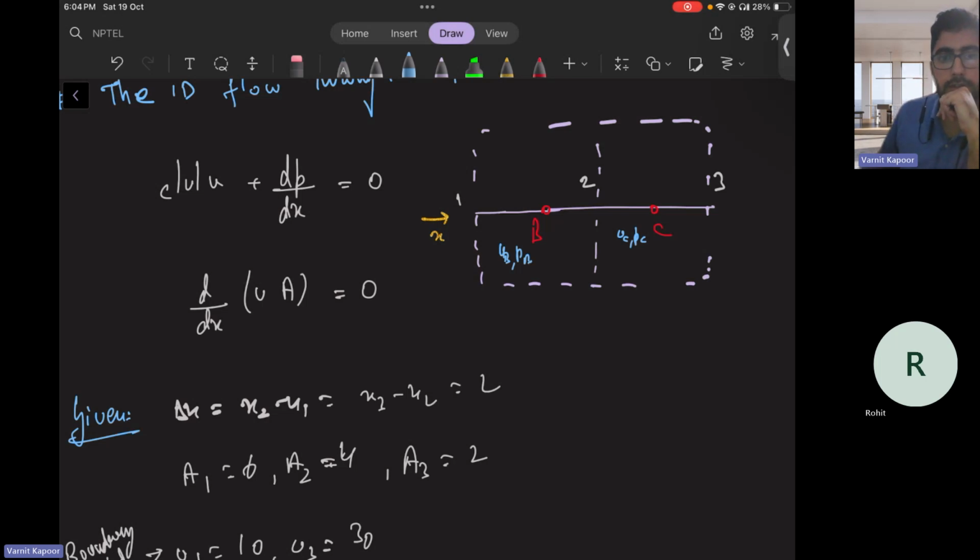Now on these faces, you would also need the velocities U1, U2 and U3, which would be utilized in writing the continuity equation for cell C and cell B. We would also need to keep track of these velocities, and we would need pressure on the faces, that is P1, P2, P3. Okay, I'll write it here. U1, P1, U2, P2, U3, P3.